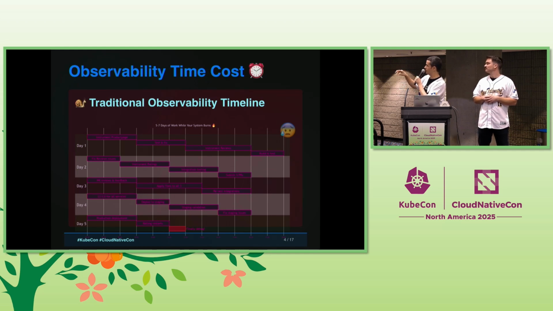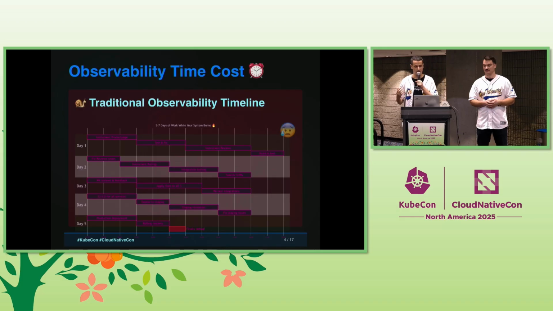For every one of your services, you need to add or reconfigure, test that it's working, fix anything you did wrong, review the instrumentation, then build, run, redeploy, and do it again for all your services.